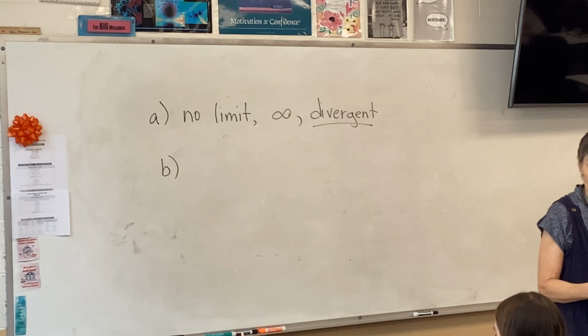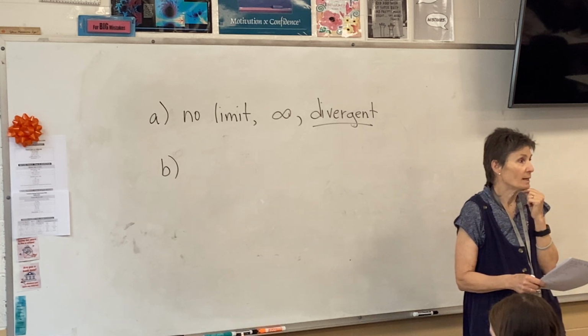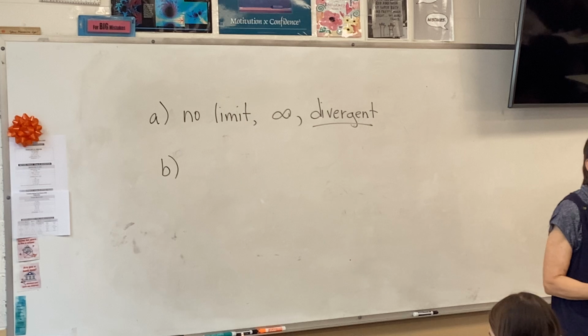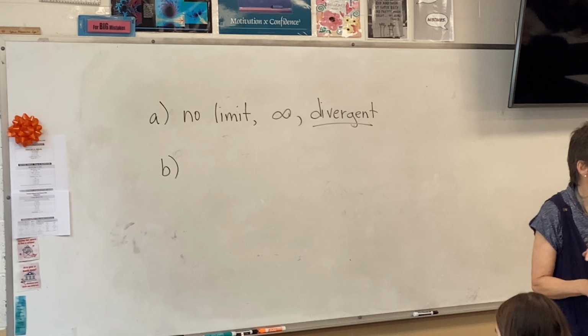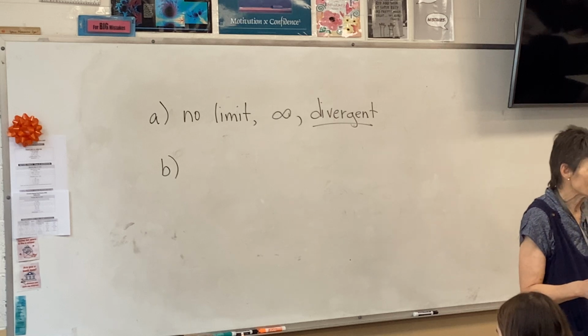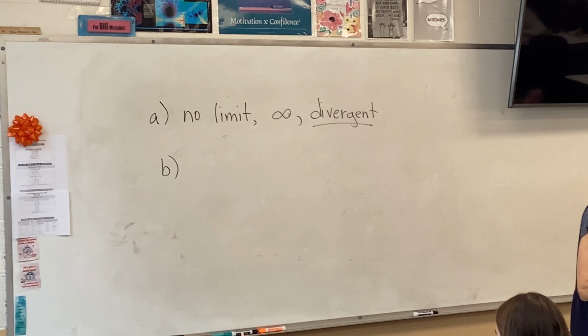Where did she get 81? 27 is 3 times 3 times 3. So she multiplied by another 3. And so the next one would be 1/81 times 3. What is happening to these numbers? They're not getting bigger, they are getting smaller.